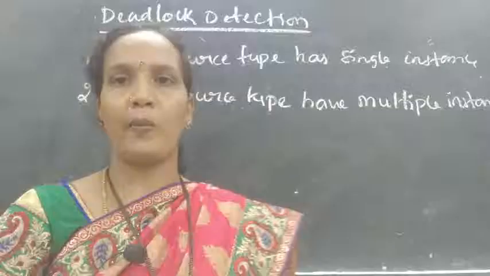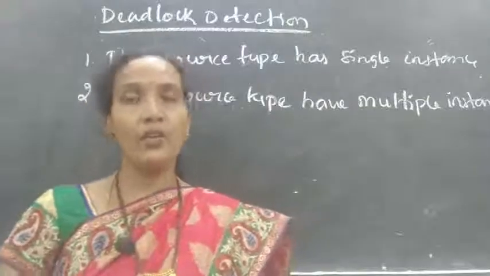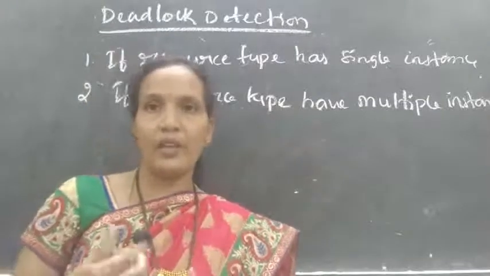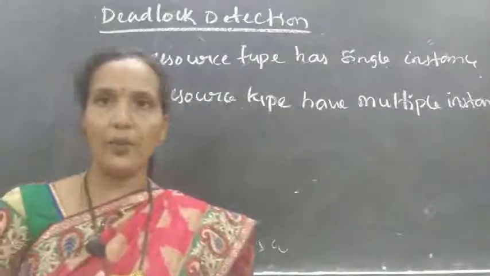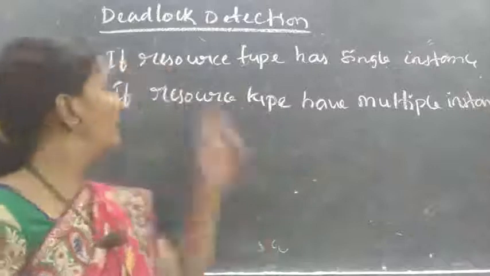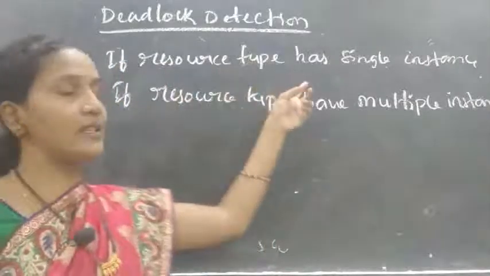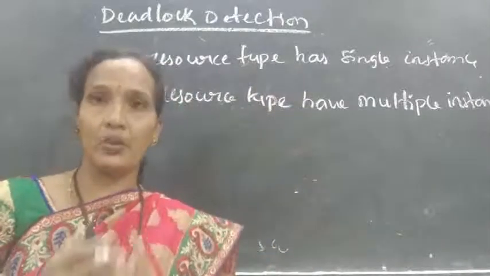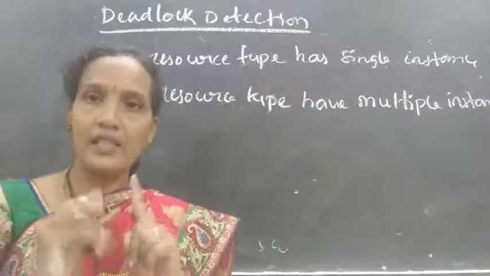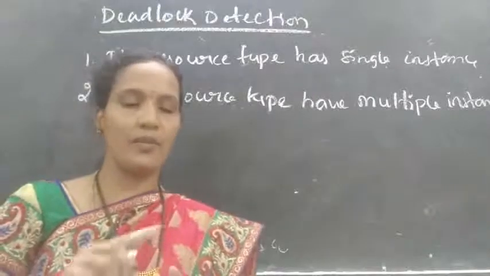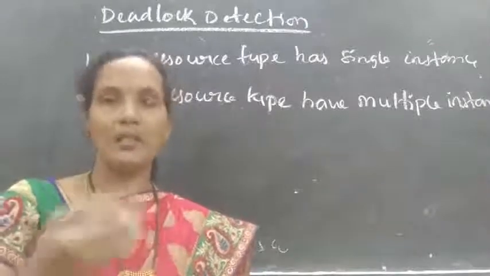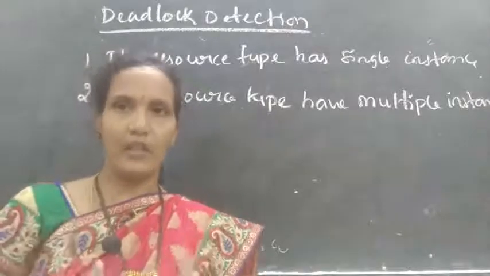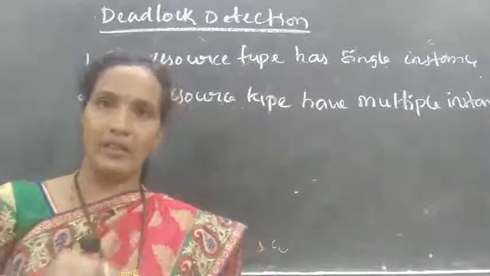Here we have two cases where you can implement the deadlock detection algorithms. The first one is if the resource type has a single instance. For example, in your system you have a printer, a Xerox machine, a hard disk, and whatever resource it may be, you have only one device.